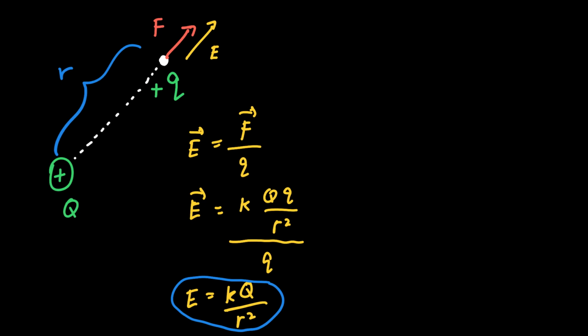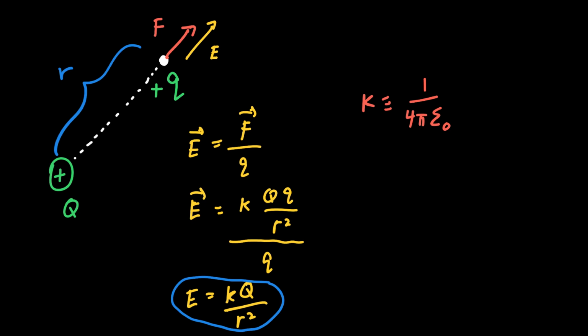At this point, I'd like to also remind you that whether we are dealing with the electric force or the electric field, we need to use Coulomb's constant, K. And that Coulomb's constant is defined as 1 over 4 times pi times epsilon naught, where epsilon naught is the permittivity of free space.